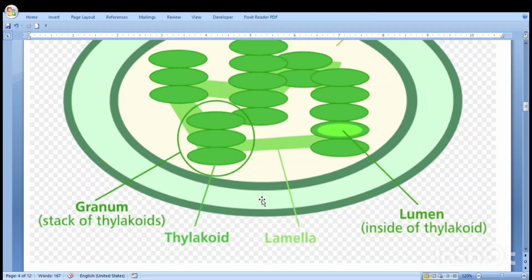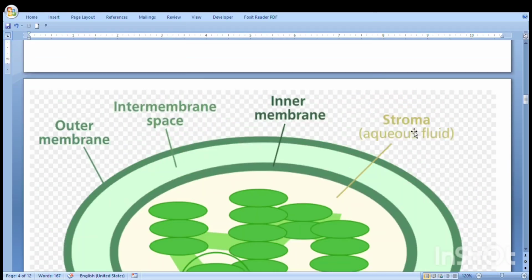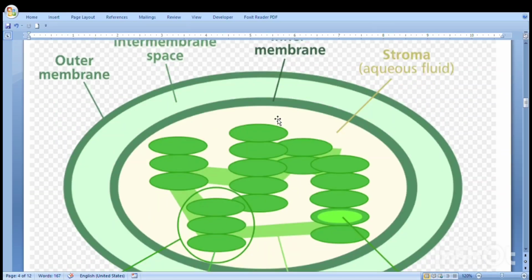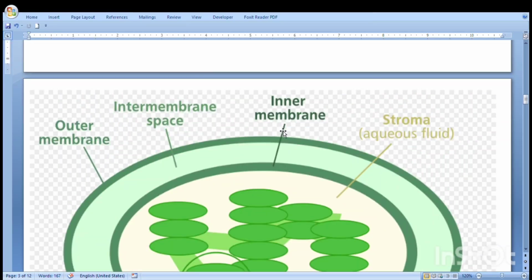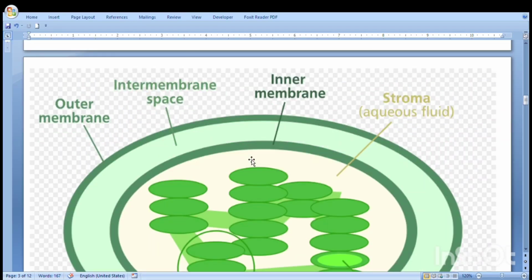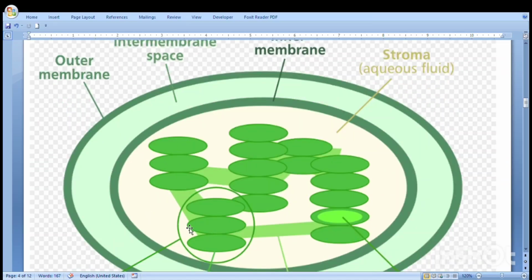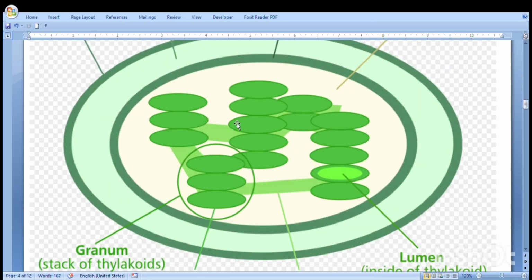So this is about the stroma. Got it? Stroma is a fluid filled space inside the inner membrane of the chloroplast. So it contains enzymes, ribosomes and DNA.